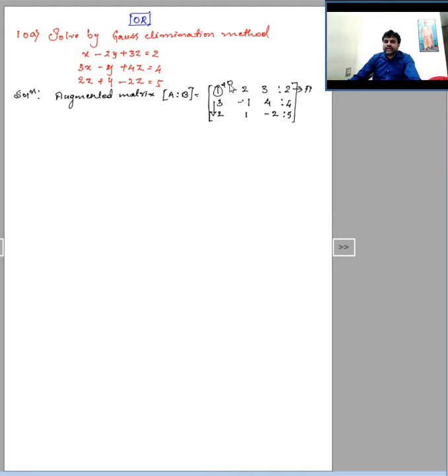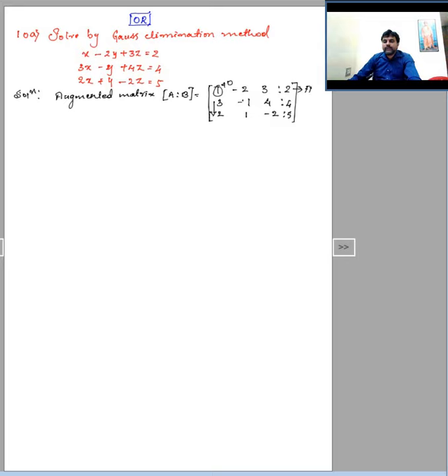Here the leading entry is non-zero. Make these two elements 0. After making these two elements 0, observe this element. If it is 0 and this one is non-zero, interchange those two rows R2 and R3 and do the operation.